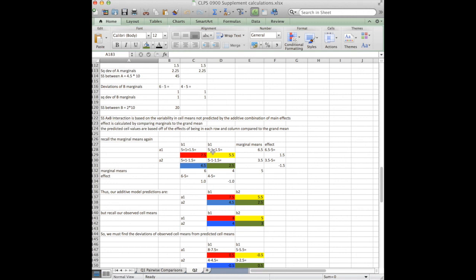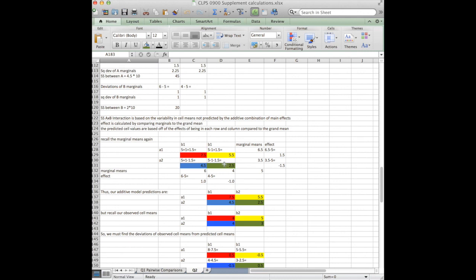So 5 minus 1 plus 1.5 gives you a predicted cell mean of 5.5 based on the additive combination. And same thing for this cell: 5 minus 1 minus 1.5 gives you 2.5.